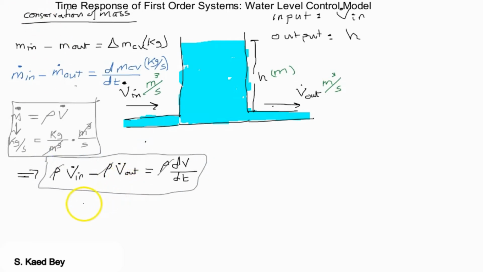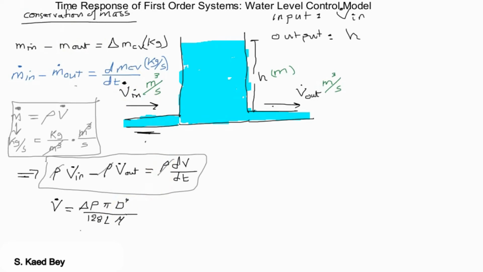You recall from the fluid mechanics knowledge that the volume flow rate for laminar flow through a horizontal pipe of diameter d and length L can be expressed as volumetric flow rate equals the change in pressure times pi times the diameter of your pipe, or hydraulic diameter if it's not a circular pipe, to the fourth power, divided by 128 times the length of the pipe multiplied by the viscosity.